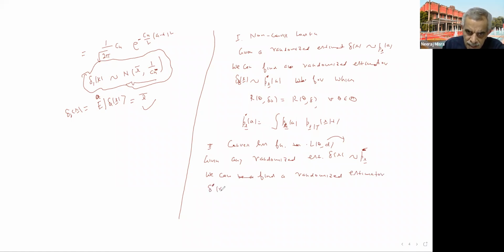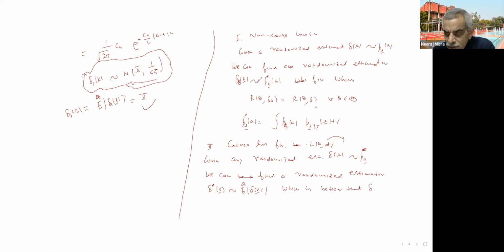And what will be this delta star? It will be just the mean of this delta x. Now, when I'm taking the mean over delta x, the randomization is not over x, which is better than the given randomized estimator. Right? So these are the two results.